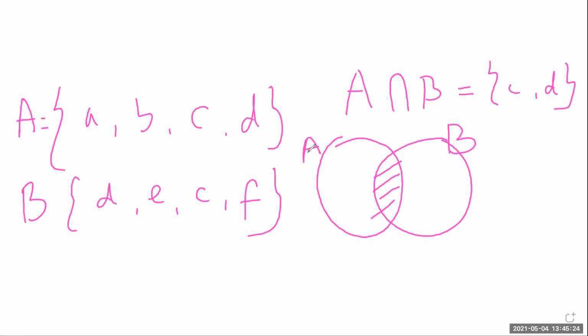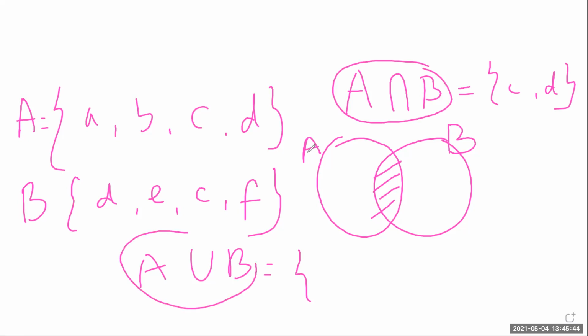Now, if I have A union B, what is that? A or B. Yeah, A or B. That's correct if you put it that way. This one means A and B, right? Yes. So A or B. So what do you have in here?